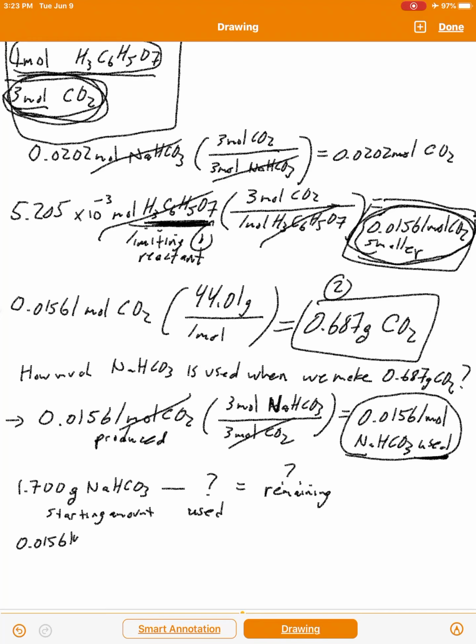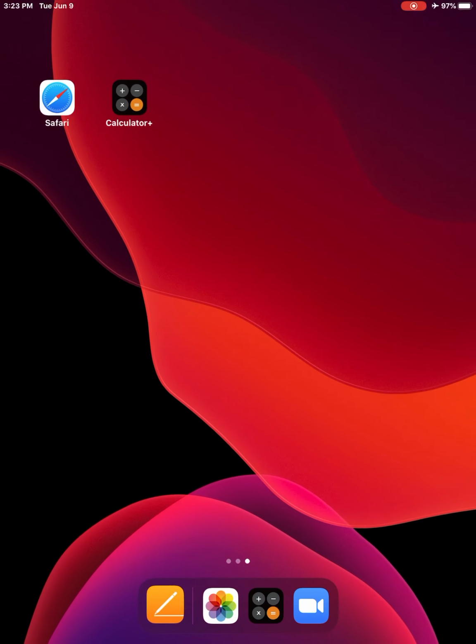0.01561 moles of sodium bicarbonate. How do we convert that to grams? Multiply it by the molar mass. See how that molar mass calculation and converting between grams and moles is so important? It just comes up over and over.